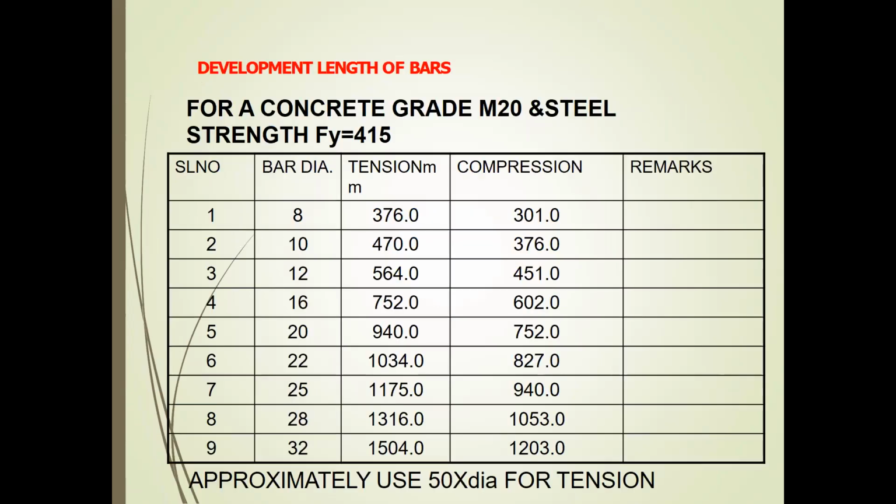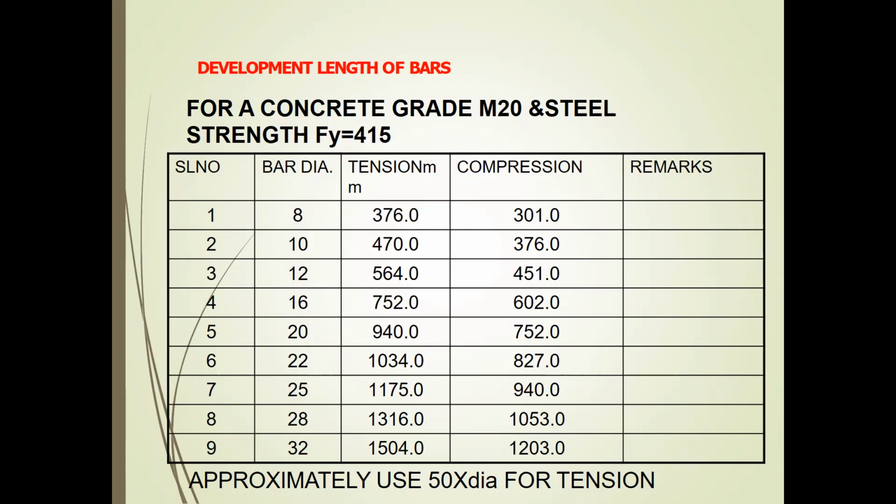See the development length of the bar; here I am explaining in a detailed table. For yield stress of 415, if it is an 8 mm bar, in tension it should be 376 mm, whereas in compression it should be 301 mm.